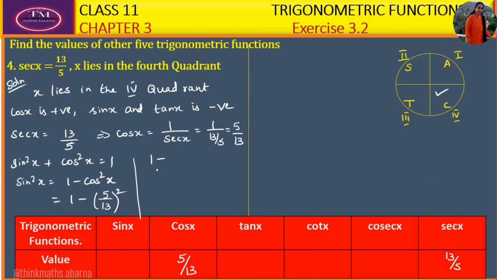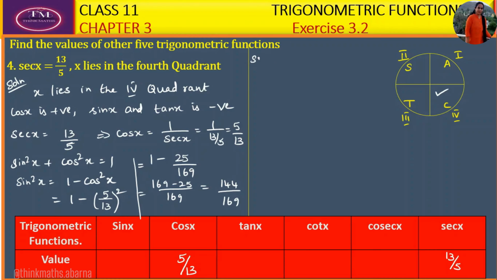So 1 minus 5 square is 25, 13 square is 169. Taking 169 as LCM, we will have 169 minus 25, which is 144 by 169. So sin square x equal to 144 by 169.